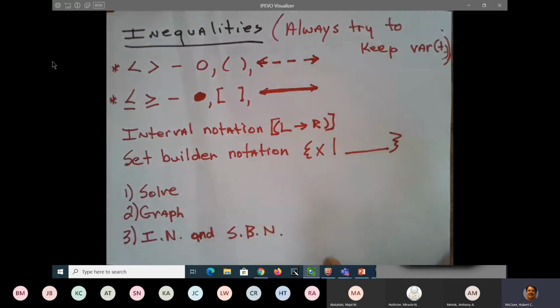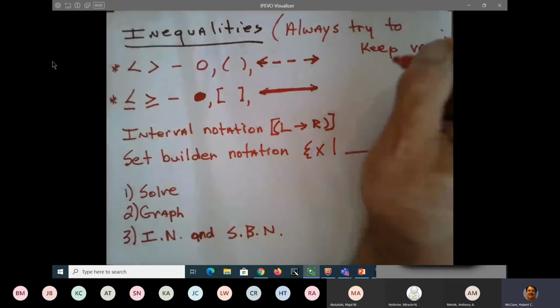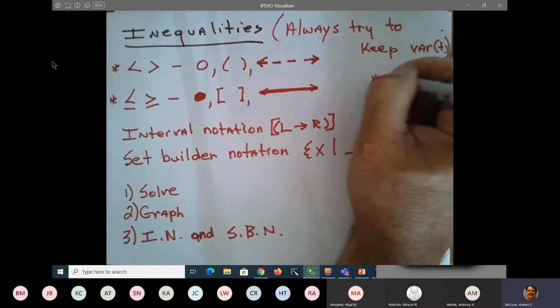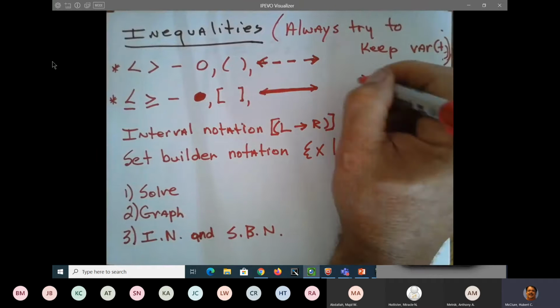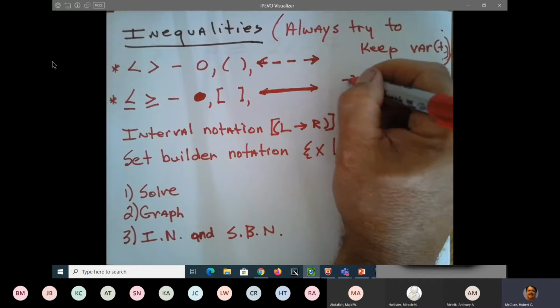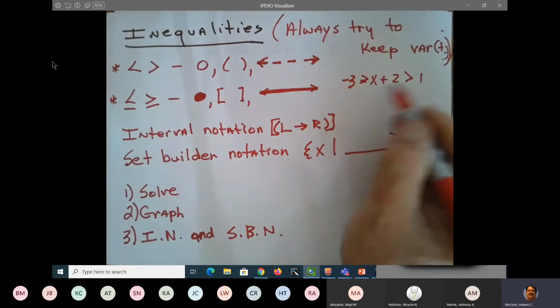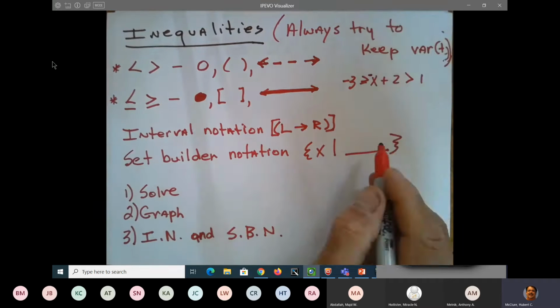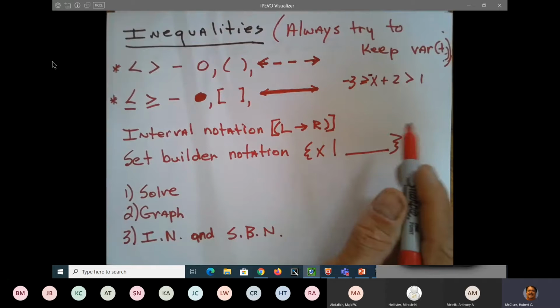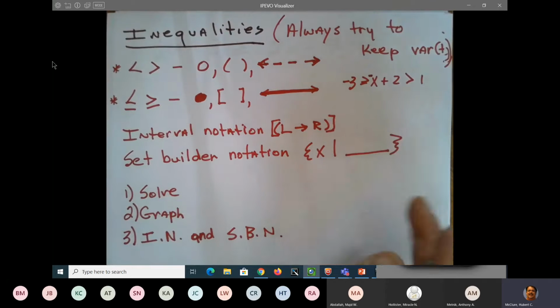Now, you can do that 95% of the time or 99% of the time. There's one problem that you can't do that with, and that's a problem like x plus 2 is less than and greater than 1 and negative 3, or vice versa. That's the problem that you can't, or negative, sorry, negative x plus 2 is what you have to do the rule there.